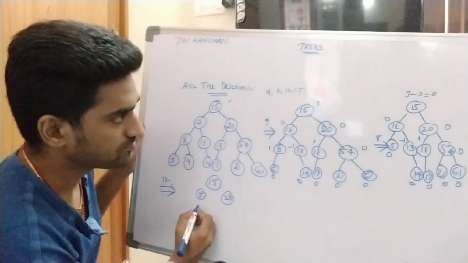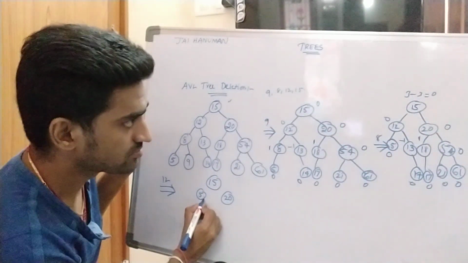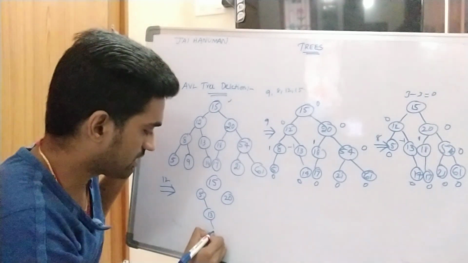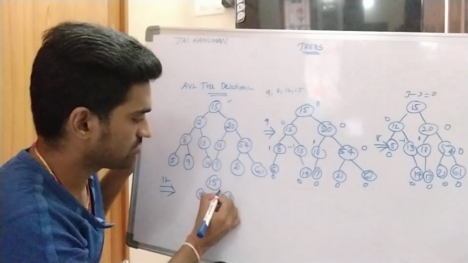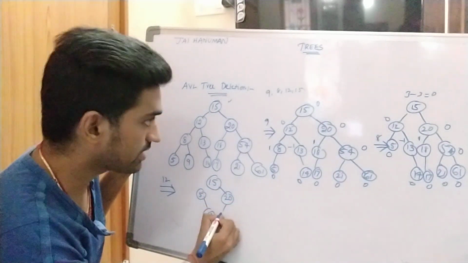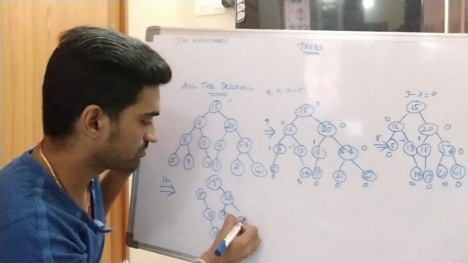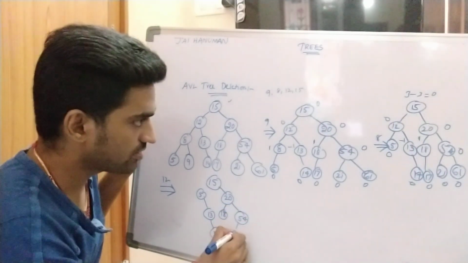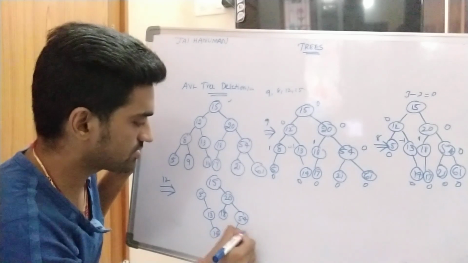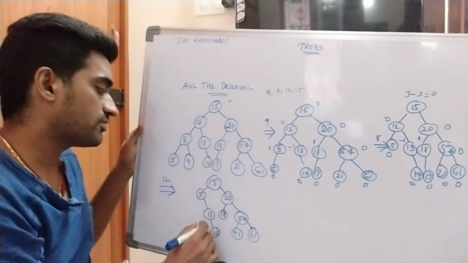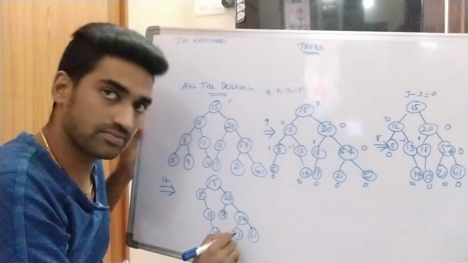So 5, 13, 14, 20, 18, 54, 21, 61. So again, check the balancing factor for each and every node, right?